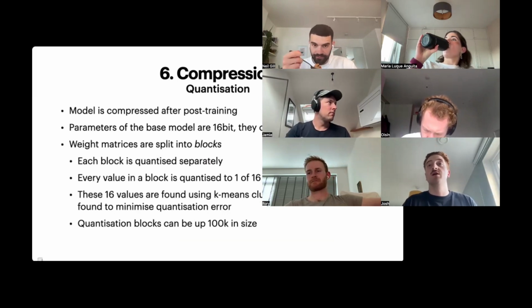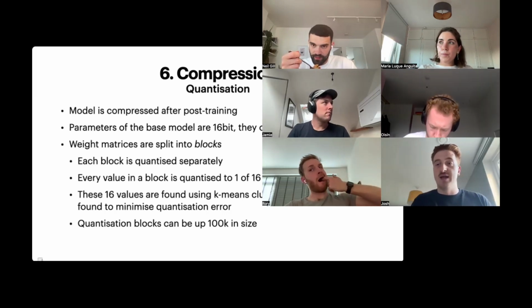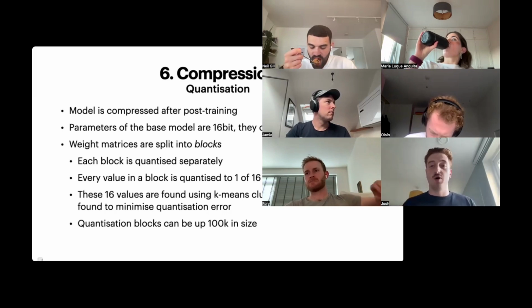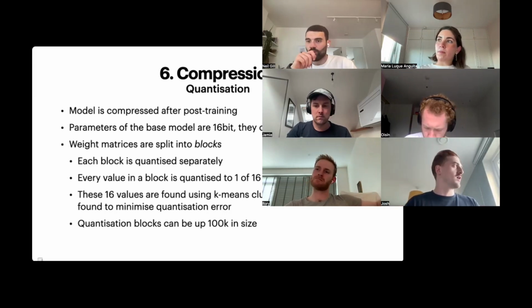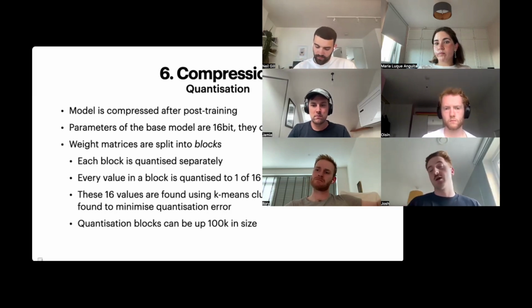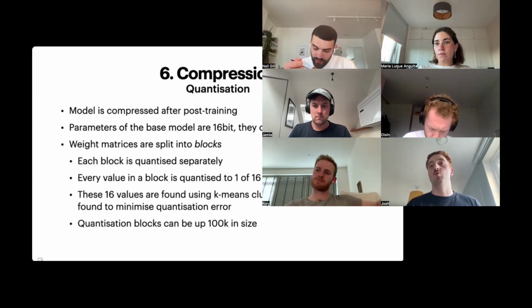It can be different sizes. Then within each block, they run k-means clustering on the raw values of the weights. They learn centroids within each block, and they assign each weight value to whatever centroid it is closest to. So it's standard k-means clustering, and that's how they determine what value each weight gets changed to.